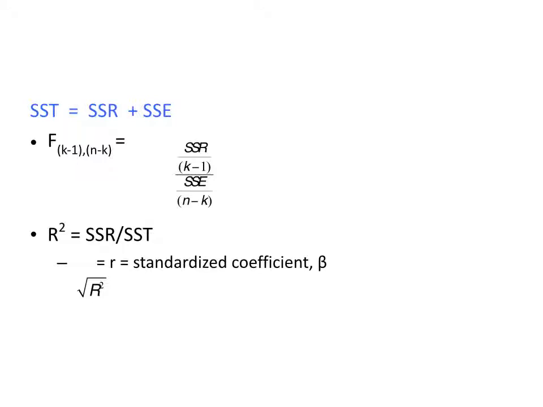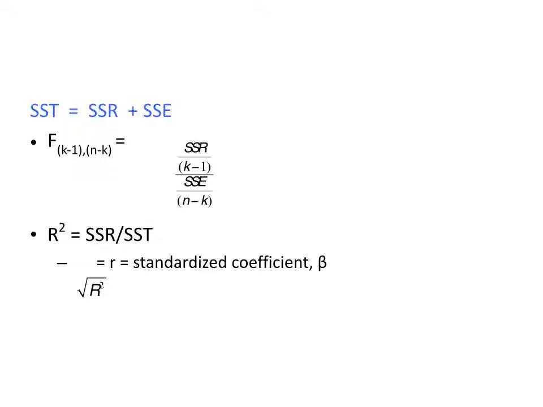A second measure of a regression model comes from another proportion of these partition errors, the sum of squares of regression over the sum of squares total. So you should see this as the proportion of the deviations that's explained by the line.